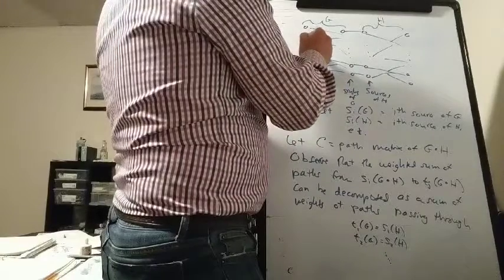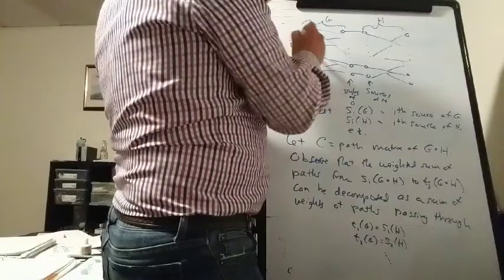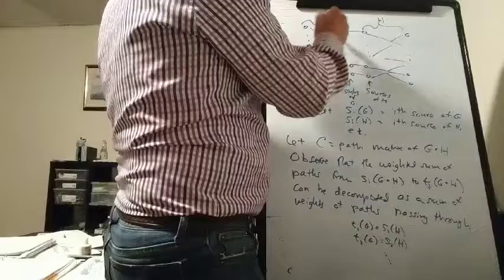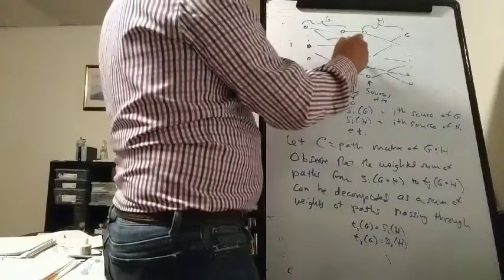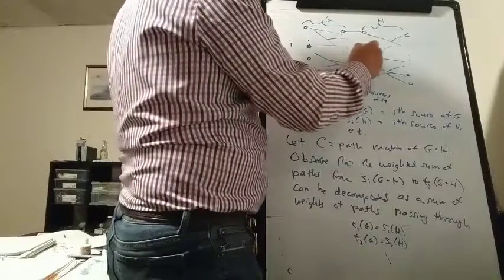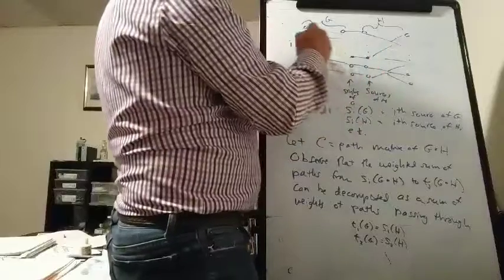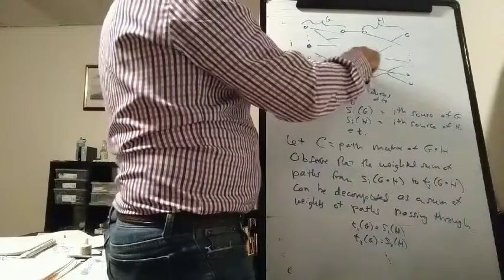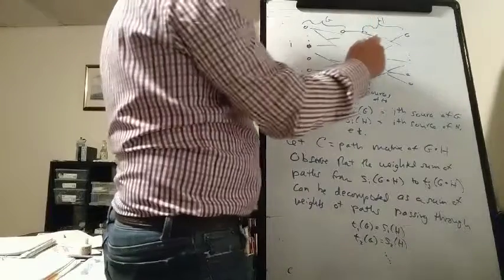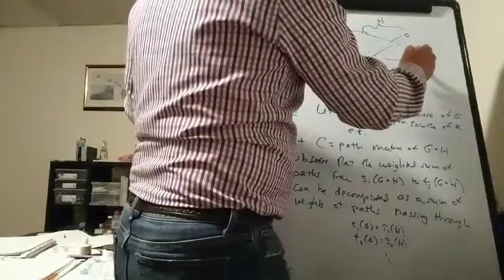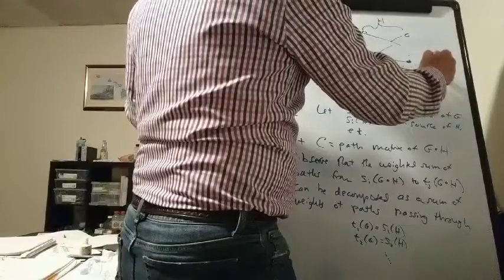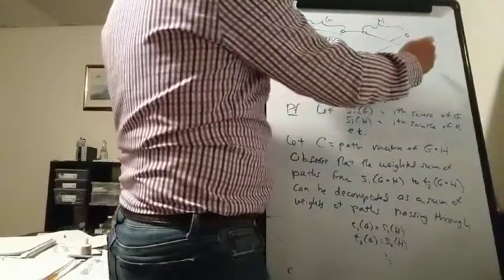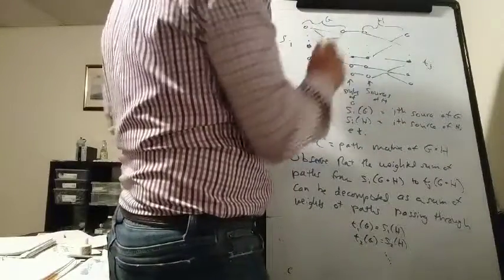So if we're going to go from source i over here, we somehow go through the planar network, and then we have to choose one of the bridges to go across where we leave G and enter H. It could either be the first one, the second one, third one, etc. up to the nth one. And then we eventually get to the sink j of the new planar network.